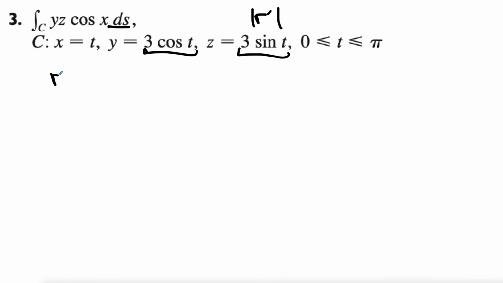So what is r prime? That's equal to 1, -3 sine t, and the next one is 3 cosine t.